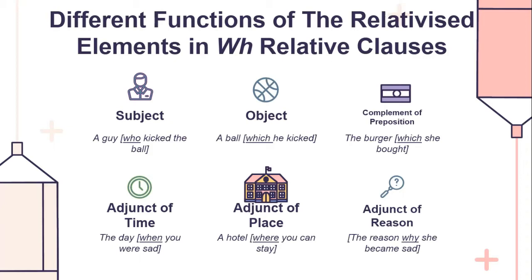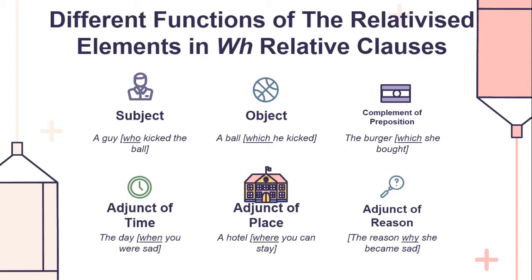As you can see here, there are who, which, when, where, and why. And here we have the different functions of the relativized elements. We have 6 functions, and the first is subject: a guy who kicked the ball.